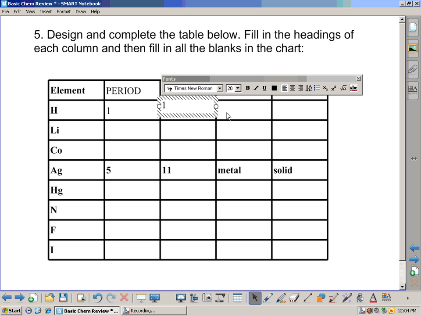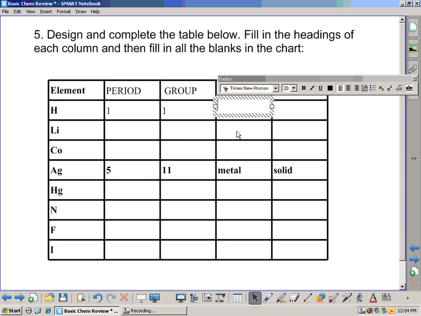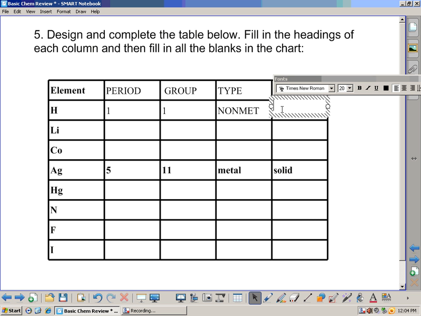So period 1, group 1. It's to the left of the stairs, so that would normally make it a metal, but hydrogen is an exception. Hydrogen is a non-metal. And for its state of matter, depending on the periodic table you use, there should be something to show that hydrogen is a gas.